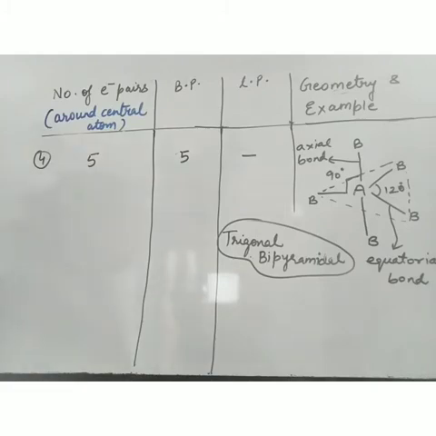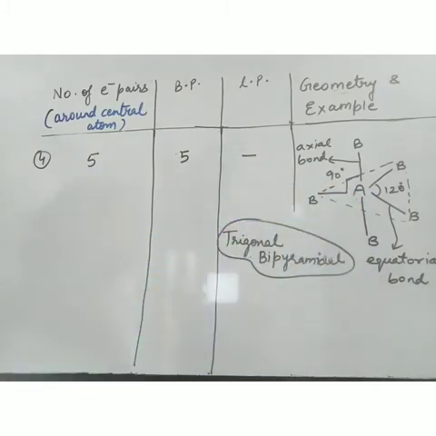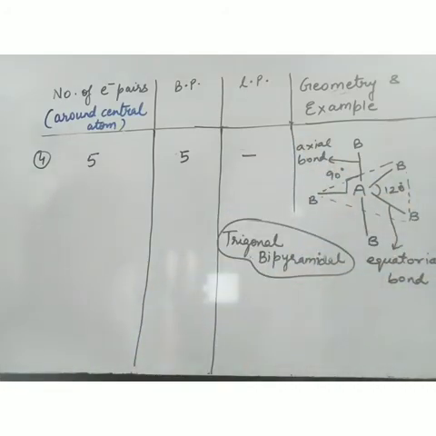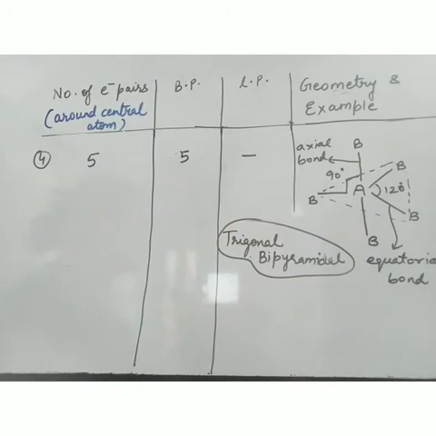Now the total electron pairs surrounding the central atom are 5, all bond pairs. 3 are equatorial bonds and 2 are axial bonds. 3 bond angles are 120 degree and 2 bond angles are 90 degree. This is against the octet rule because the central atom is now surrounded by 10 electrons, so this is an exception to the octet rule.